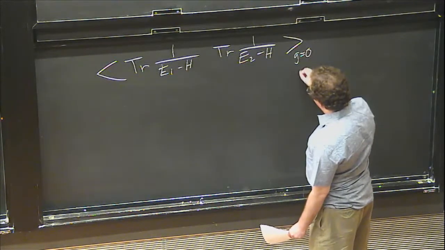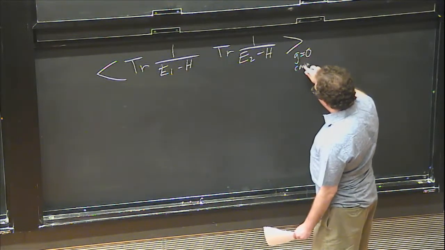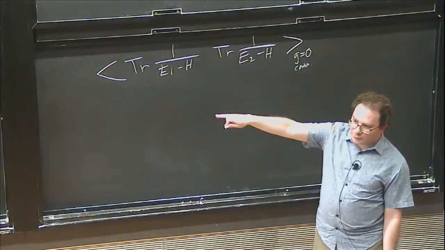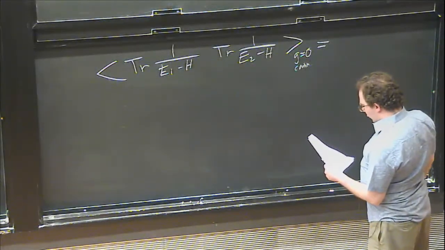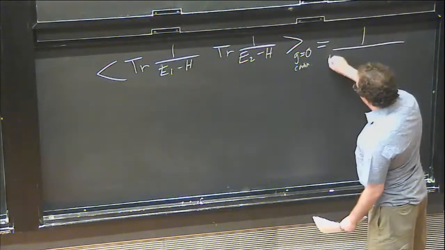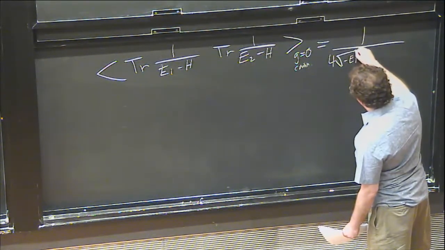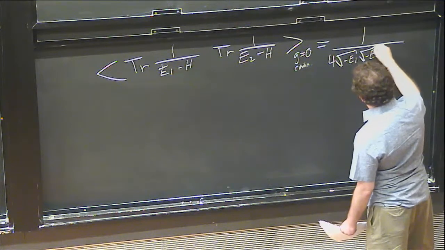We compute this at genus 0 connected. That's just a functional transform if we believe the formula over there. And if you do this functional transform, they found the following expression.